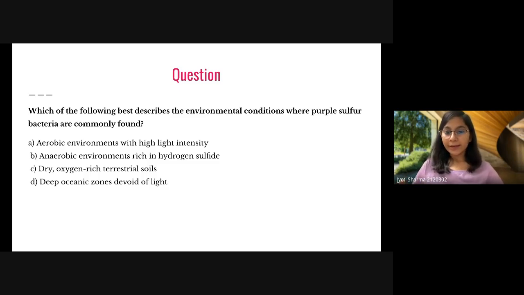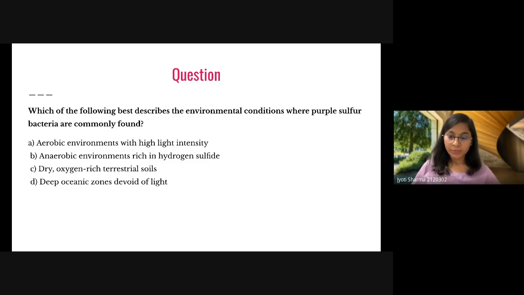We have already discussed that purple sulfur bacteria or green sulfur bacteria do photosynthesis that is not oxygenic but anoxygenic.